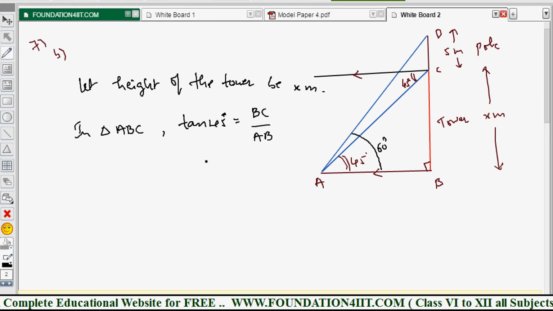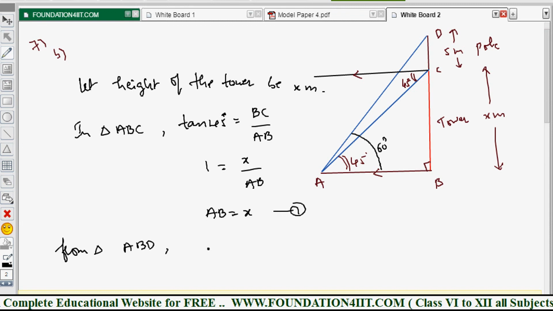Tan 45 is 1, that equals BC, which is x, by AB. Therefore AB is equal to x. Let that be equation 1. Now from the other right angle triangle, ABD.